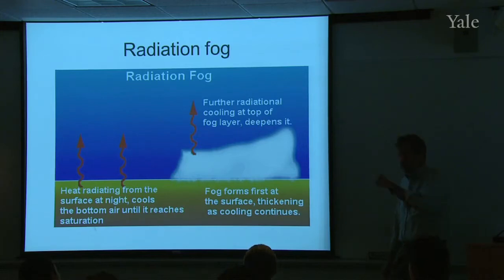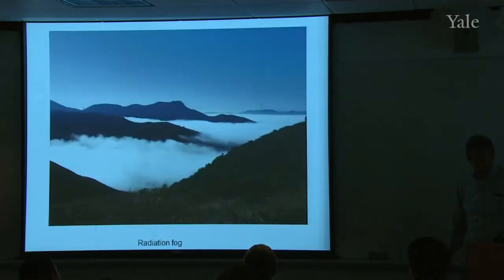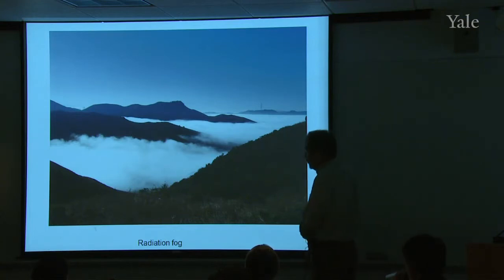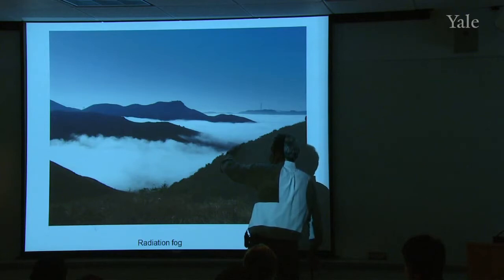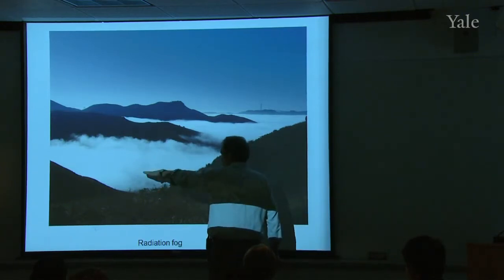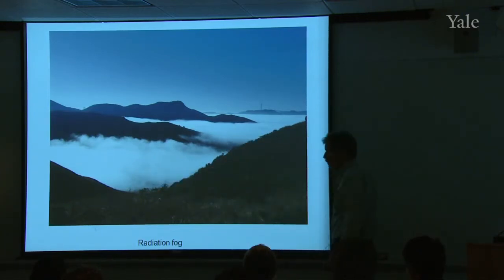But thermodynamically, it's similar to cases we've already spoken about. This is a common thing to see, especially in valleys, because in slightly mountainous terrain, the air that's been cooled by contact with the surface will tend to run downhill and collect in the valleys. So you can get radiation fog in flat terrain.